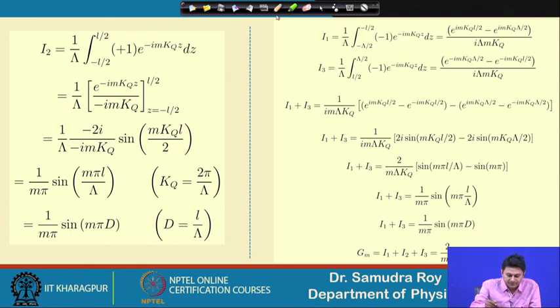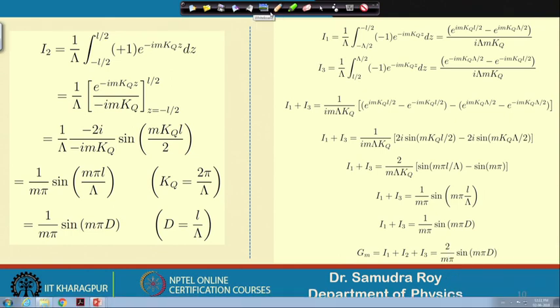So, first the I2 part, which is easier, because the limit is minus L by 2 to plus L by 2, and the function is plus 1 here, with the power i. So, I just readily integrate. When I integrate, it will be e to the power i m kz z divided by i m kz, with the limit z equal to minus L by 2 to plus L by 2.